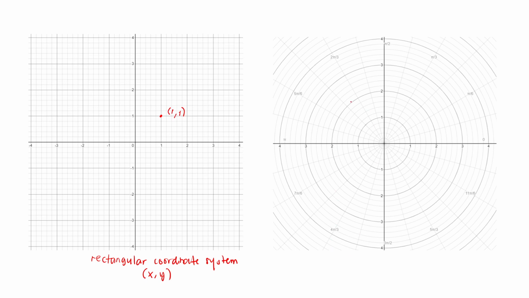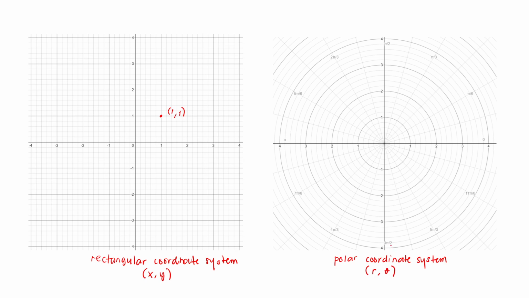On the right side, as you can see, it's circles, in a radial form. So this is the polar coordinate system. The coordinate points are represented by r, that's the radial distance from the origin, and then displaced by a certain angle.